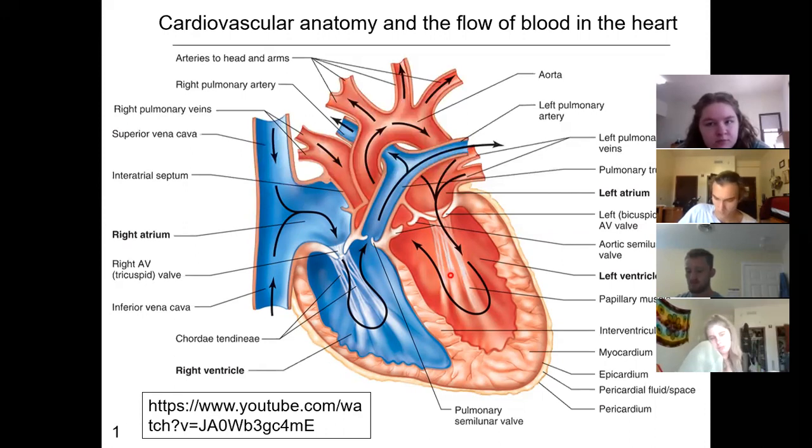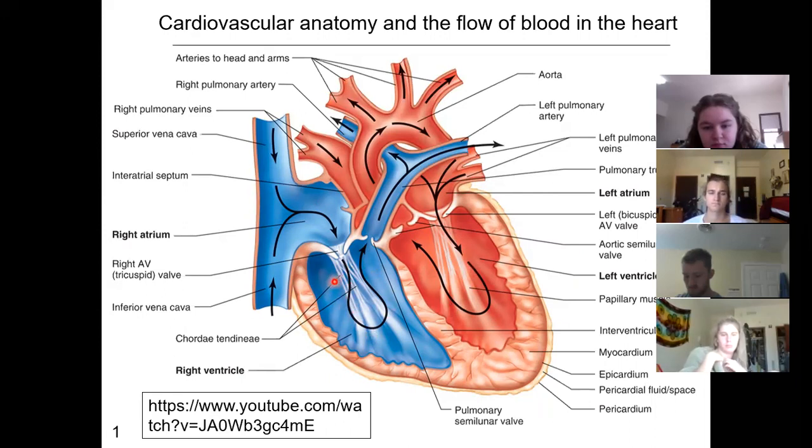Now the heart beats, and we will talk about how the heart beats in just a few moments. But the contraction of the heart, the contraction of the myocardium, increases the pressure in the right and the left ventricle.